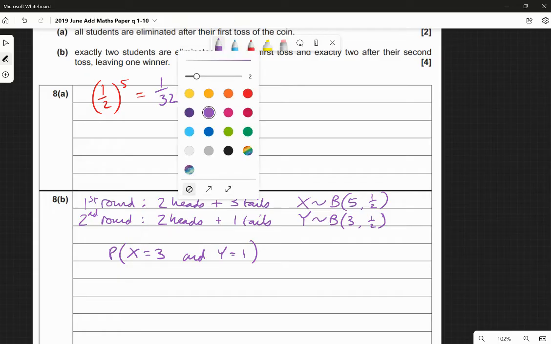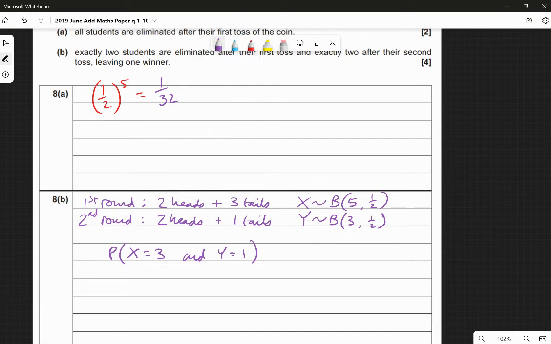So in binomial distribution, if you want the chance of getting 3 successes from 5, then it's 5 choose 3 multiplied by a half success to the power of 3 multiplied by failure, which is also a half to the power of 2, because there were 3 tails and 2 heads.